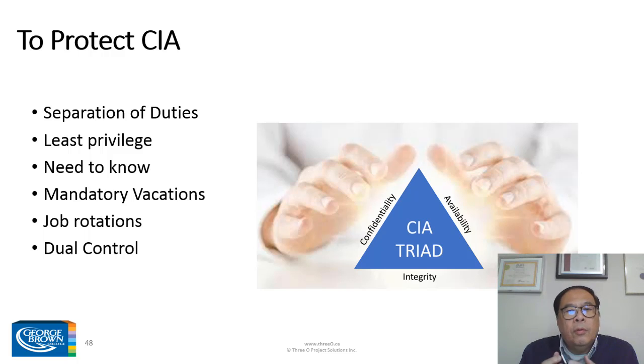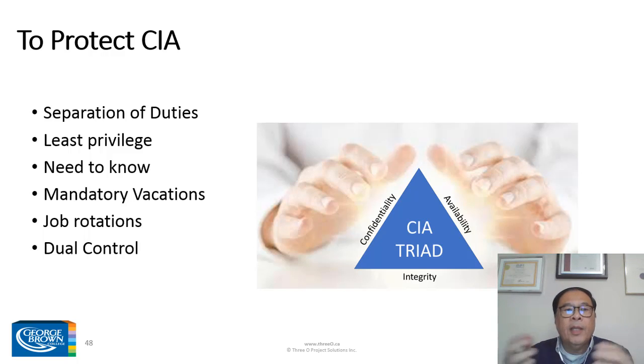Okay, so we need to protect CIA, and some of the things we talk about here are totally non-technical. In order to protect CIA, confidentiality, integrity, and availability, there are different things the company can do. Separation of duty, so no one person will have the keys to everything.